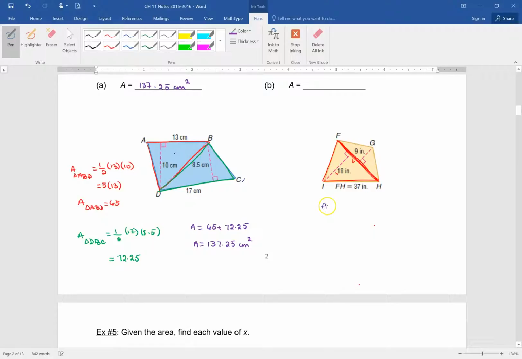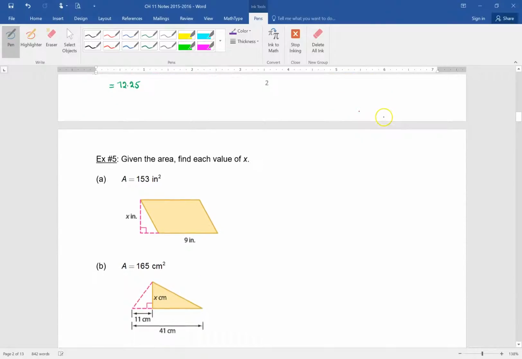So the area of this triangle is 37 times 18 divided by 2 plus the area of this triangle, 37 times 9 divided by 2. I want to get you used to both forms of the notation. The total area here, when you plug it in your calculator, is 499.5 square inches.